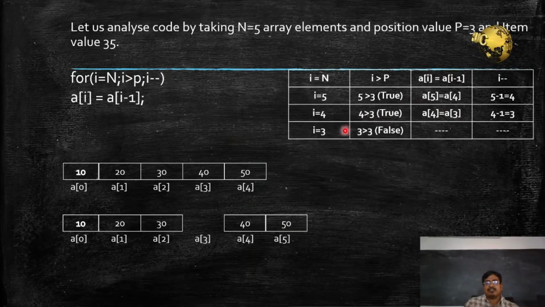Next, i = 3. The condition is false. Of course, 3 is not greater than 3, but 3 is greater than or equal to 3. That's why the condition is false.